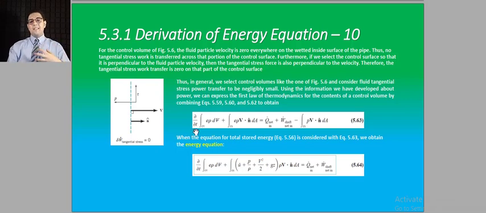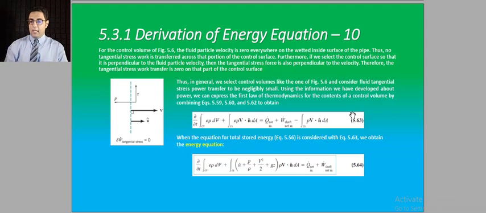So all in all, we are just neglecting the tangential stress of the work term, and it's really logical because of the mathematical calculation. The only thing we are dealing with in terms of work is the one related to the normal stress, which is shown in equation 5.63.